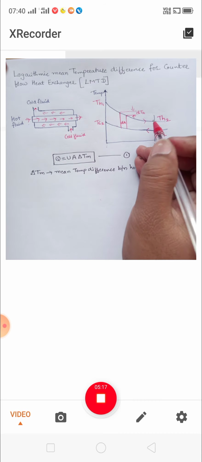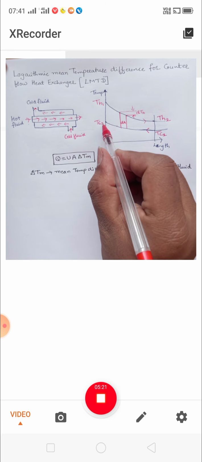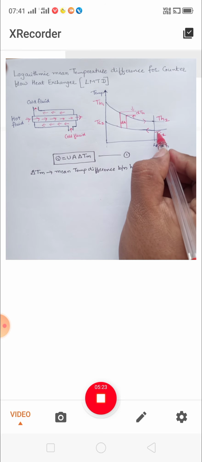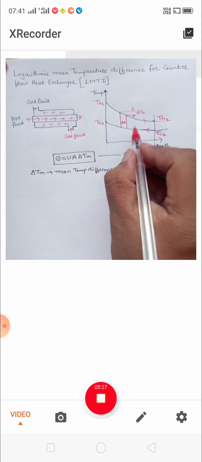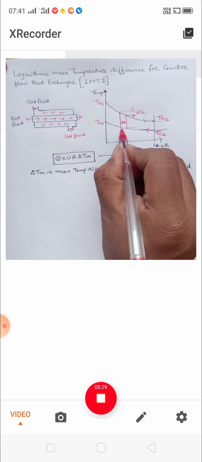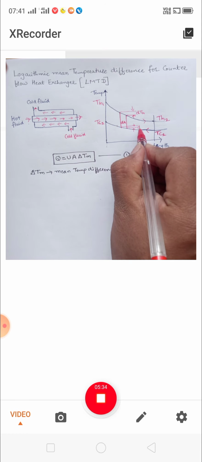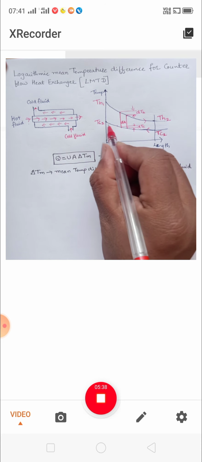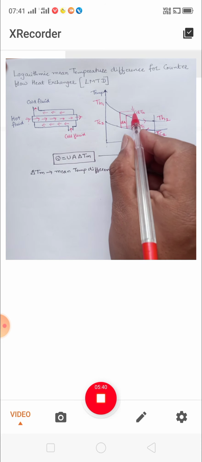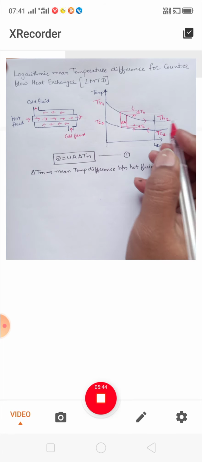But in the counterflow heat exchanger, this cold fluid is moving in this direction. That means the entry point for the cold fluid is at this point. If I note down this temperature also, this becomes dTC, that means the difference in temperatures of the cold fluid, where dTH is the difference in temperatures of the hot fluid.